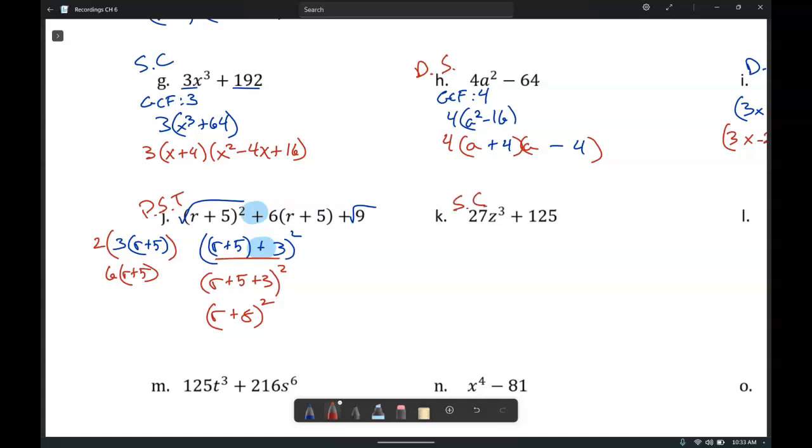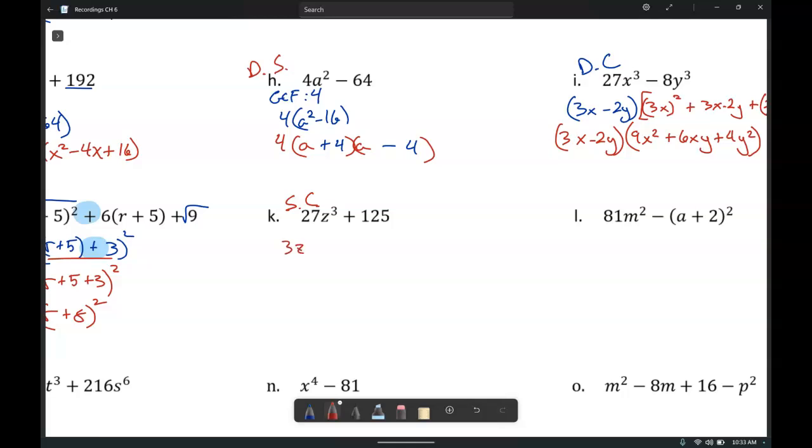Sum of cubes, cube root of the first, match the sign, cube root of the second, first term squared, minus the product of the two, plus the second term squared.